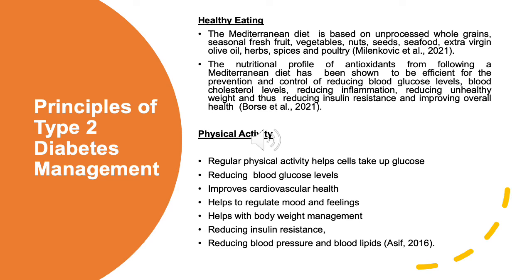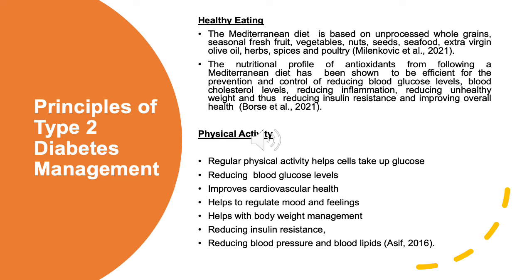Principles of type 2 diabetes management. Healthy eating. The Mediterranean diet is based on unprocessed whole grains, seasonal fresh fruit, vegetables, nuts, seeds, seafood, extra virgin olive oil, herbs, spices, and poultry. The nutritional profile of antioxidants from following a Mediterranean diet has been shown to be efficient for the prevention and control of diabetes, reducing blood glucose levels, blood cholesterol levels, inflammation, and unhealthy weight, and thus reducing insulin resistance and improving overall health.